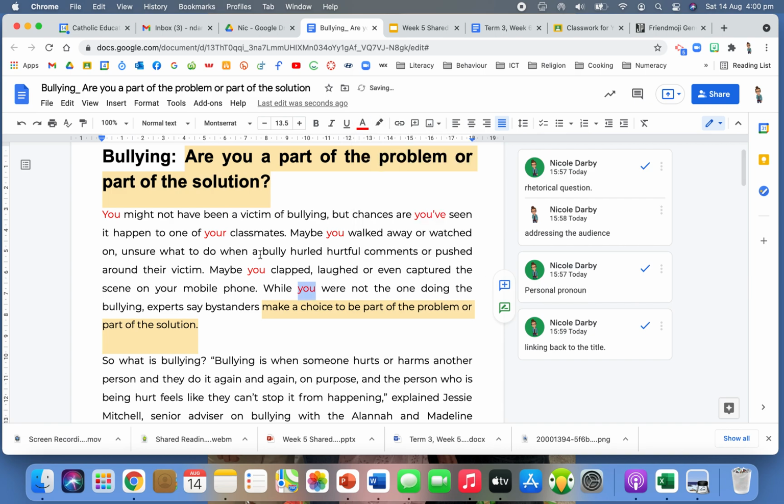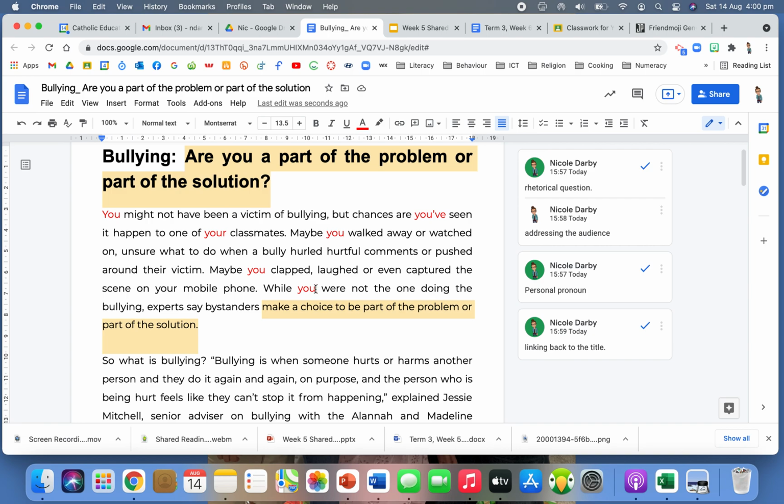Six words there. You got it. Personal pronouns. That is a very, very clever technique, because straight away, this author is addressing the audience.